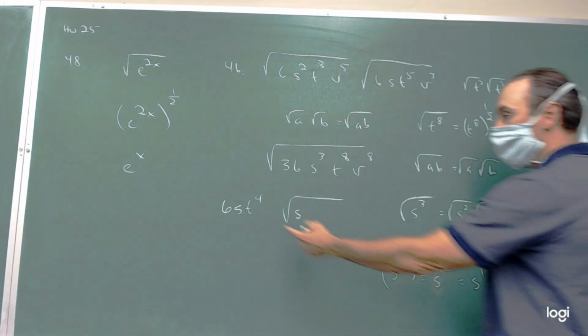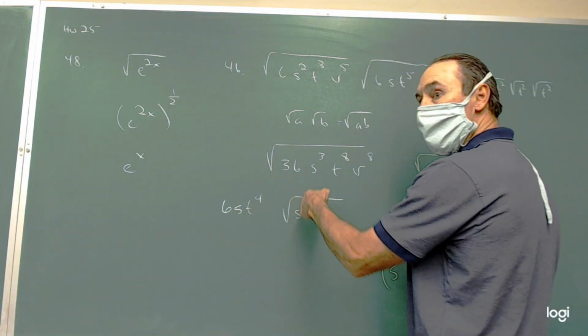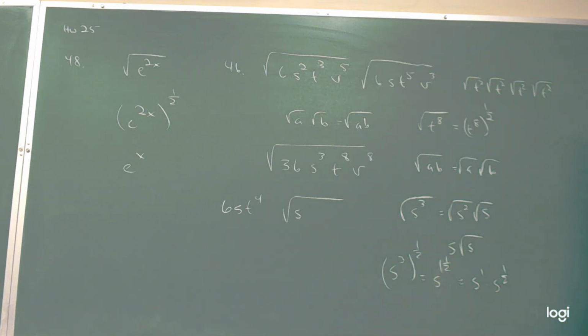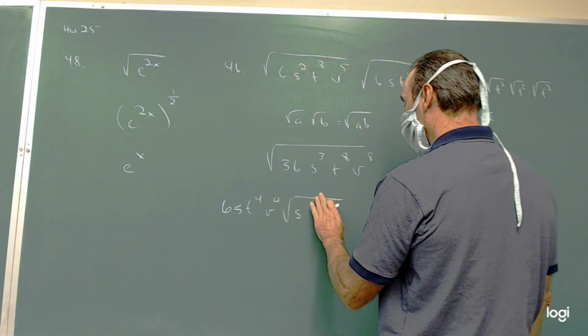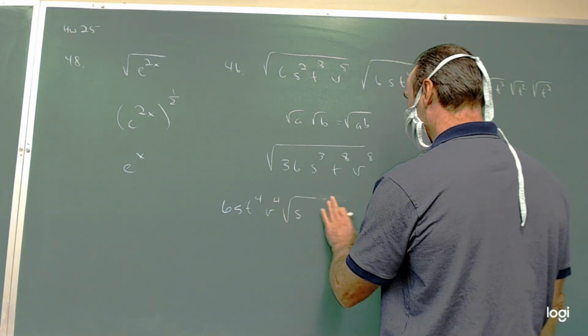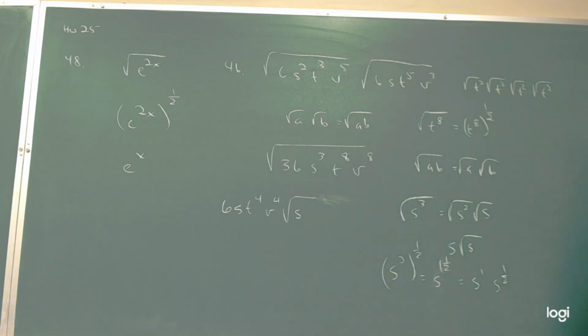That's how we got the s outside, but the other one is still inside. That kind of makes sense. And then the v to the 4th will come outside as well. And so the only thing that's still stuck inside that radical is that extra s. And so that'll be our result.